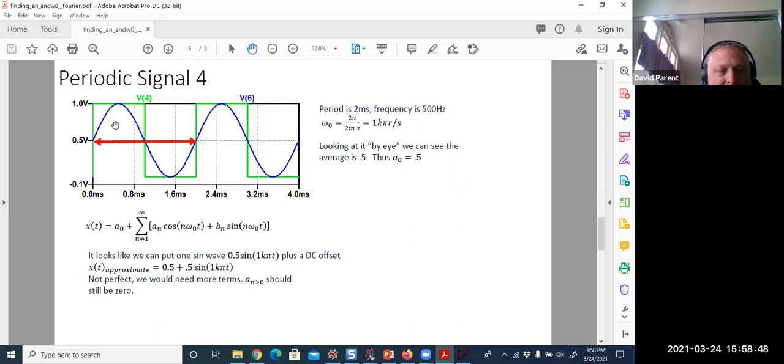I can tell that the average of this signal will be non-zero because it's not canceling out. So I just put another sine wave in there, but notice I've added 0.5, and I still have the same magnitude, 0.5 times sine of 1 kilopi times t, and I get my thing there.